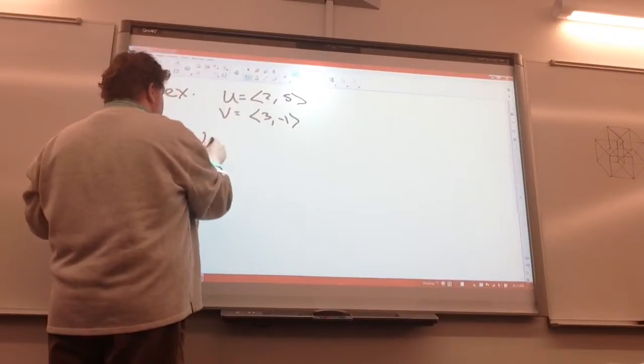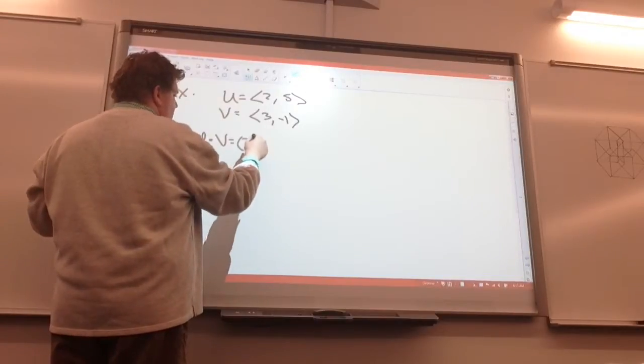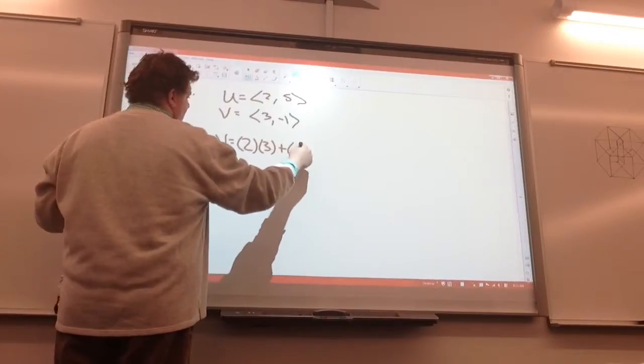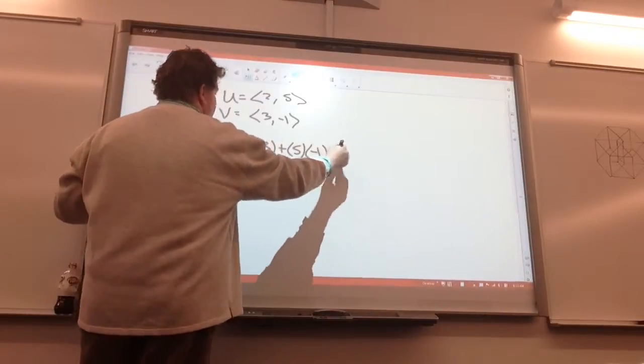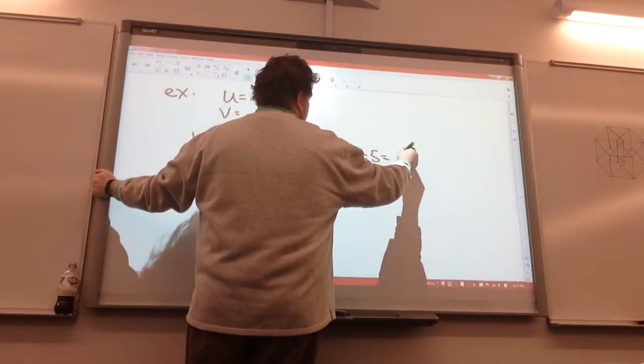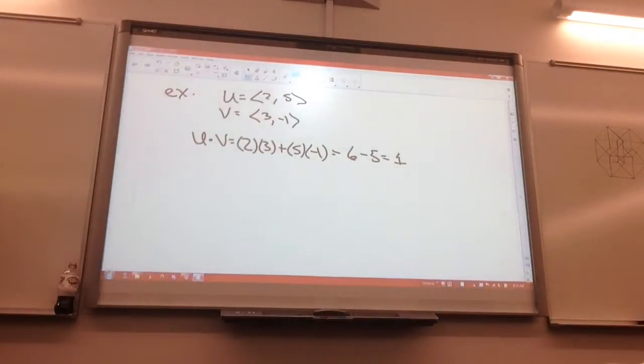Then u dot product v is going to be equal to 2 times 3 plus 5 times minus 1, which would be 6 minus 5, or 1. And that would be the dot product of these two vectors. Any questions about how that's done? It's a fairly simple operation. It's just a matter of knowing how the operation works.